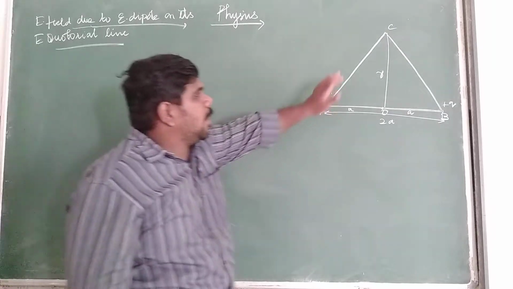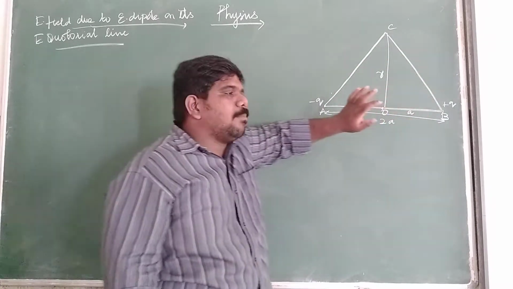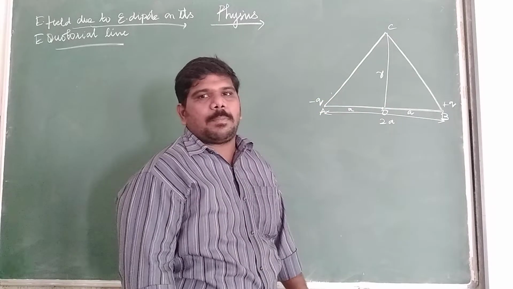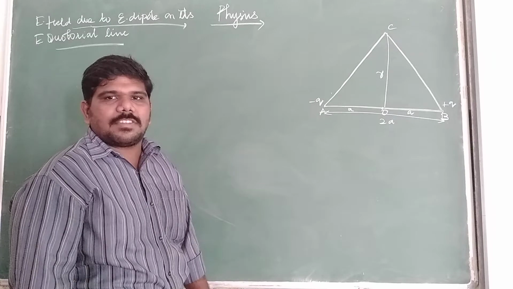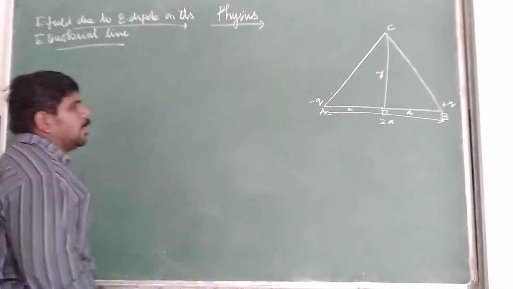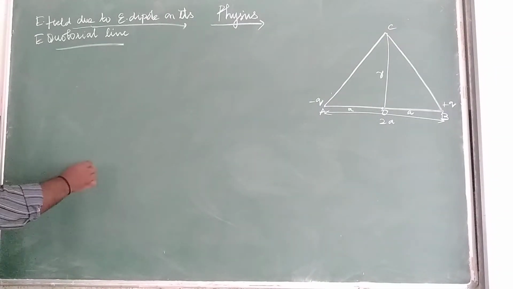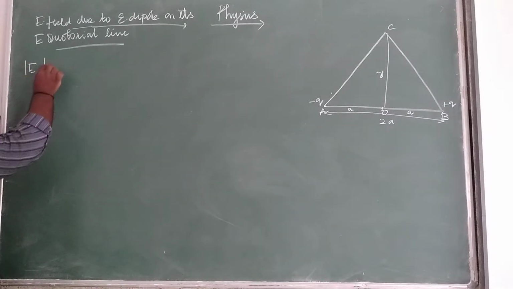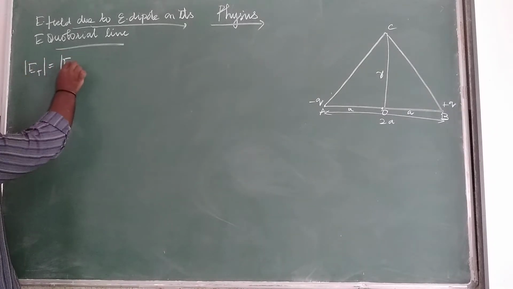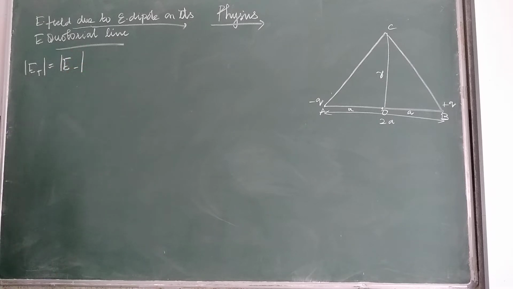But here, both charges plus q and minus q are equidistant from the point, so the magnitudes of the electric fields are equal. The magnitude of E plus is equal to E minus.